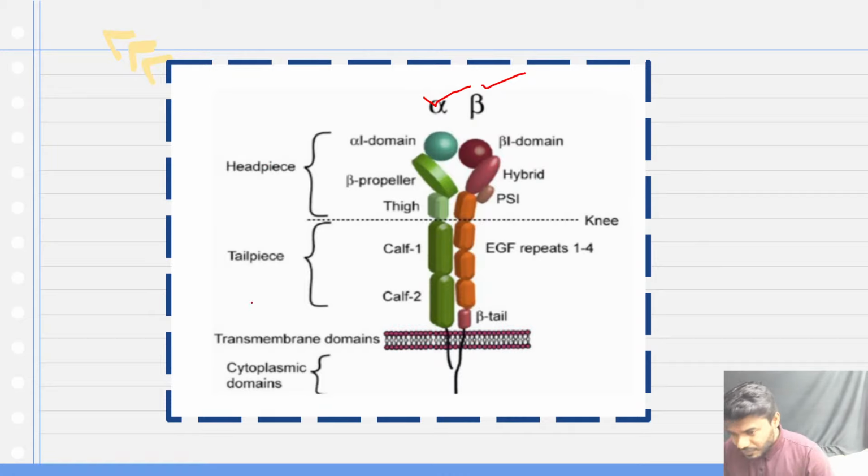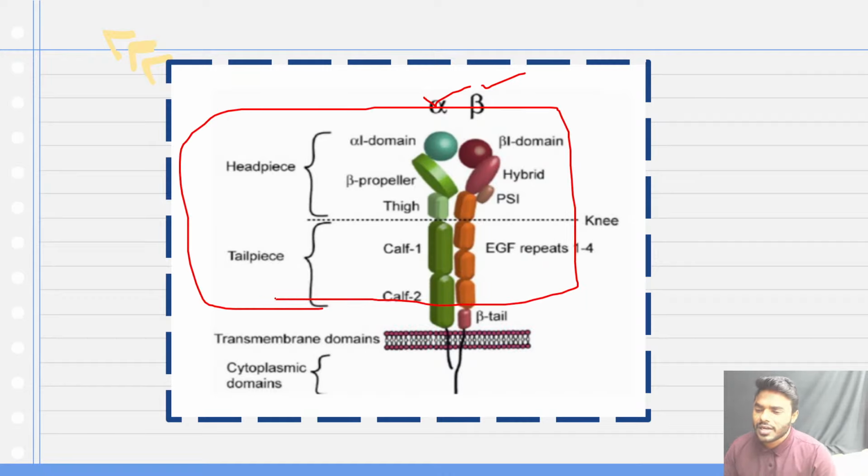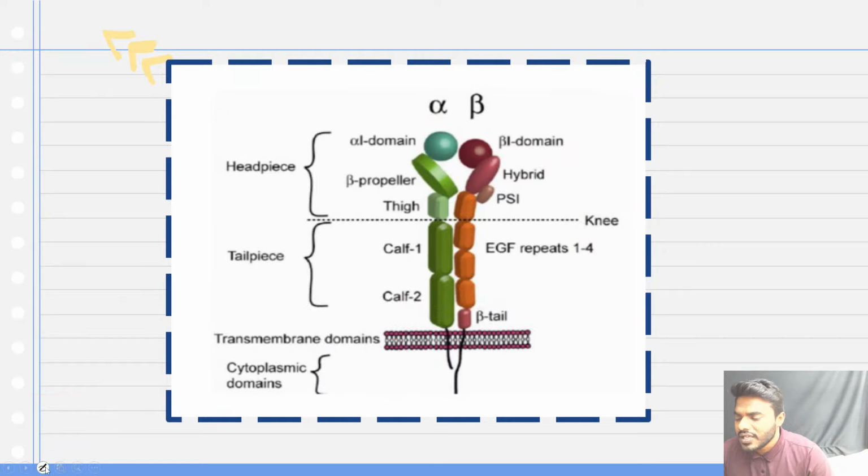All the students listen. This is the extracellular domain, this is the transmembrane domain, and this is the cytosolic or cytoplasmic domain. We all commonly know about it.